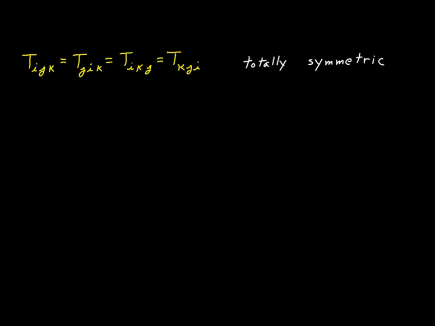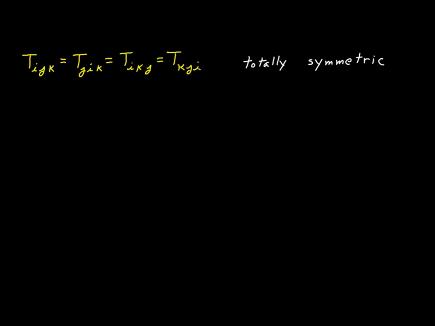Well, if you play around with this a little bit, you'll discover that with a totally symmetric system like this with three indexes, you're going to have a maximum of 10 unique elements. With those 10 values, you're going to find that the others, the symmetric elements that pair up with it will be predetermined by these restrictions. We say that such a system would have 10 degrees of freedom.